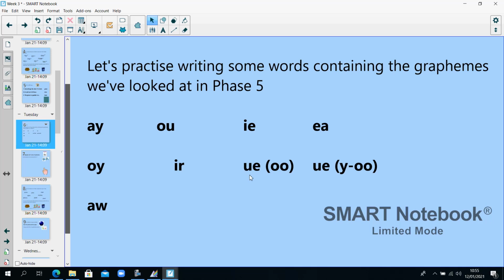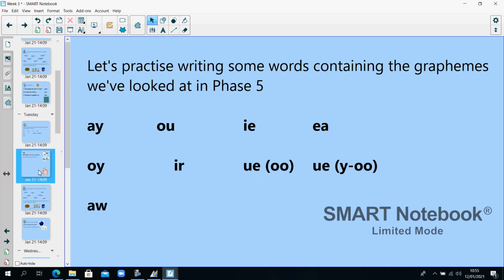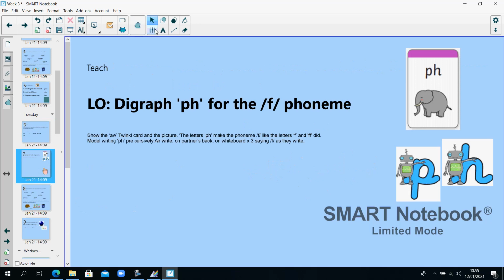glue with our oo. So ignore these bits in brackets, they're telling you this is the oo, sorry, and this is the u of these two ue's. So we've got glue and q, and claw with our o. Today we're using the digraph PH for the phoneme, like an elephant.